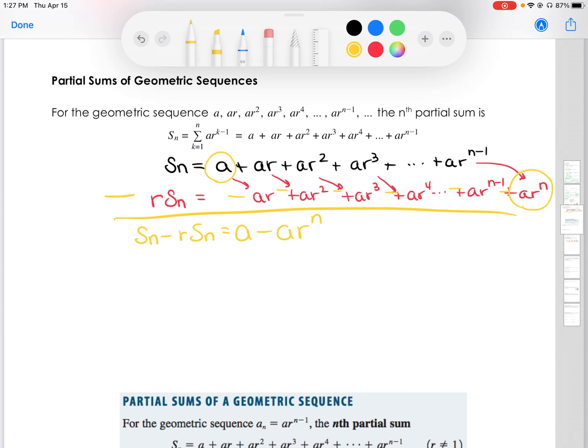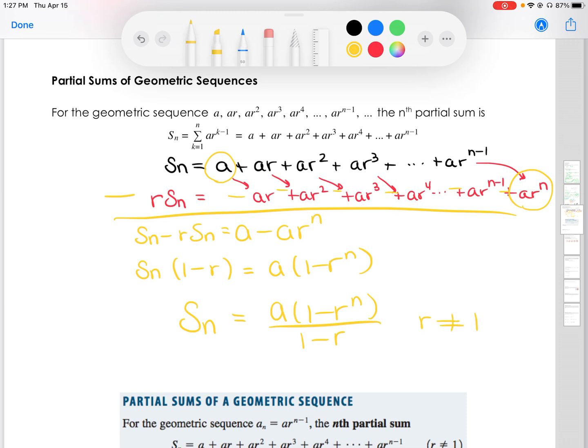Then I can factor out. So S sub n times 1 minus r is equal to a times 1 minus r to the nth. And last but not least, I'll divide. So the sum is going to equal a times 1 minus r to the nth power over 1 minus r, and r just can't equal 1.